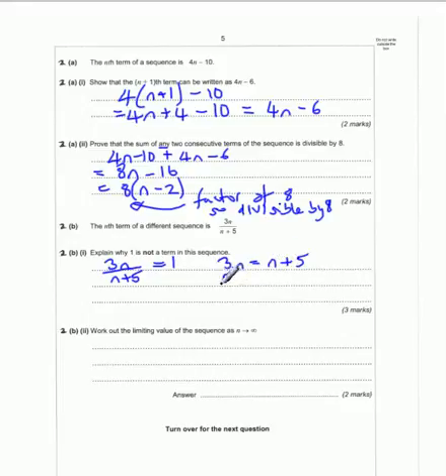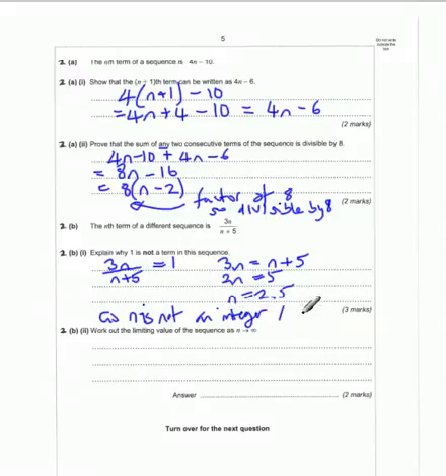Take away n gives us 2n equals 5, and then n equals 2.5. n has to be an integer for this to be a solution, because n is our term position. So as n is not an integer, 1 is not a term.